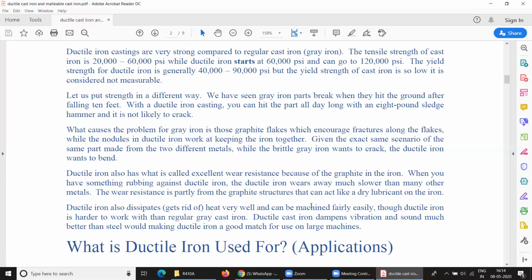Ductile iron also dissipates heat very well and can be machined fairly easily. Though ductile iron is harder to work than regular gray cast iron, it dampens vibration and sound much better than steel, making ductile iron a good match for use in large machines.